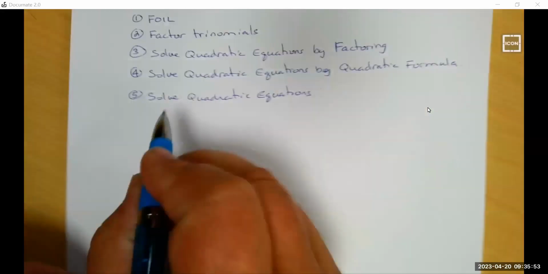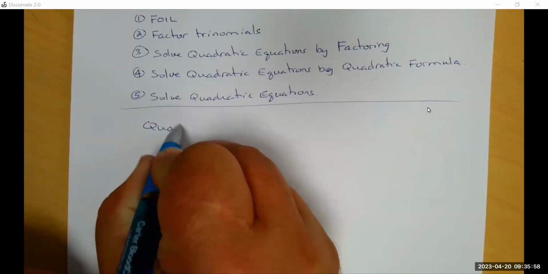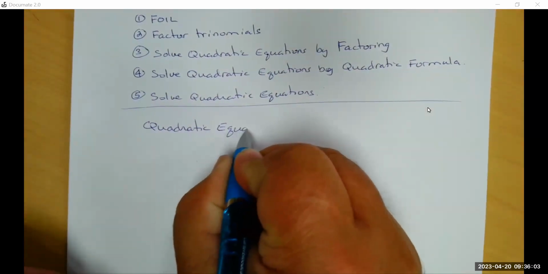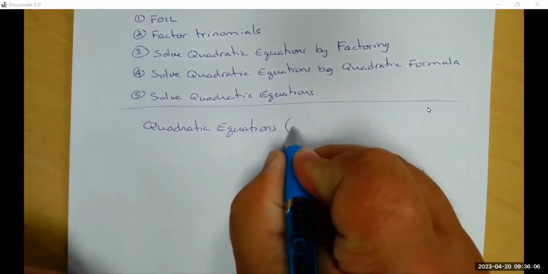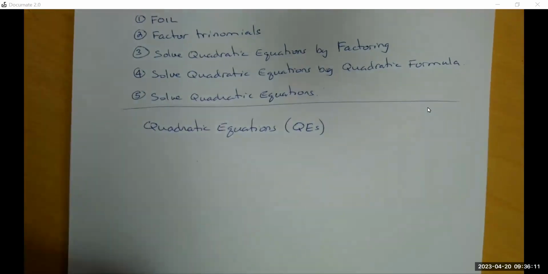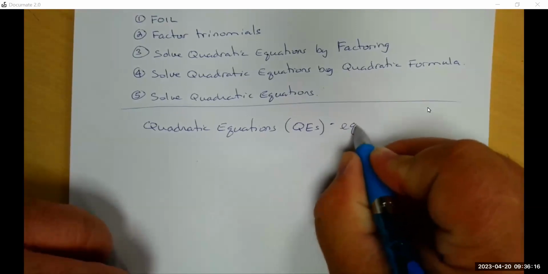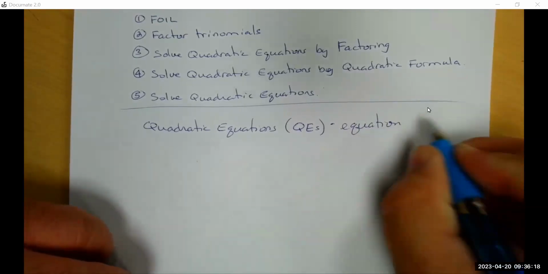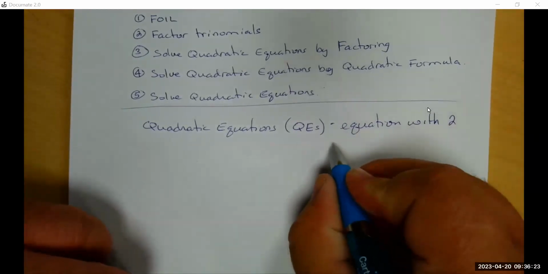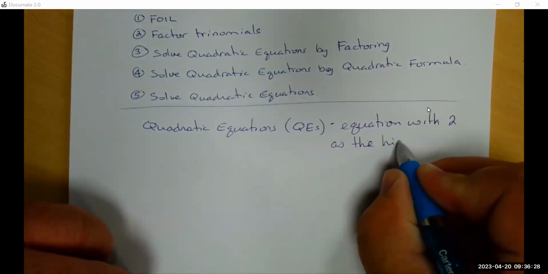So looking at all this, we first have to define what are quadratic equations, or QEs. They're equations with 2 as the highest exponent.